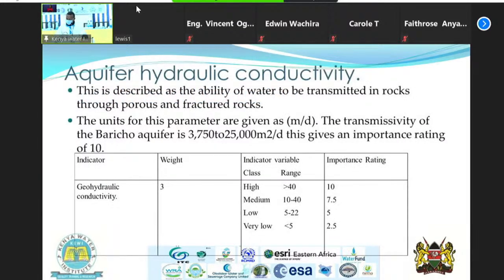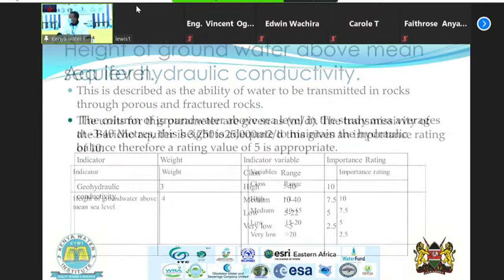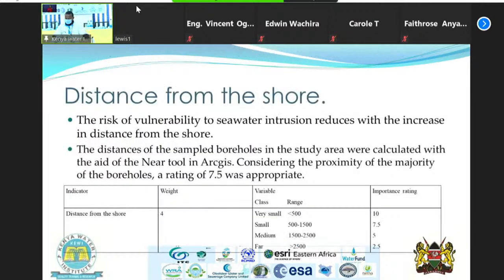Then aquifer hydraulic conductivity. The region has a high aquifer hydraulic conductivity. It ranges from 3,750 to 25,000 square meters per day, and it is assigned an importance rating of 10 because that is high hydraulic conductivity.